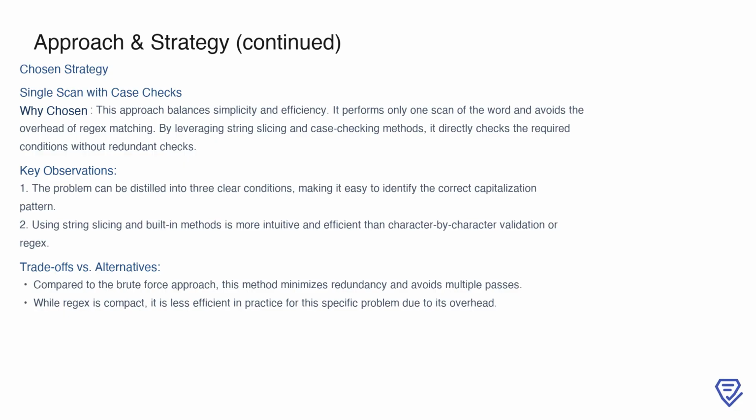A key observation is that the problem boils down to 3 clear patterns of capitalization, which makes it straightforward to implement this solution. Compared to the brute force approach, this method significantly reduces redundancy by consolidating the checks into a single pass. While regex is a viable alternative, it is less efficient in this case due to its computational overhead.